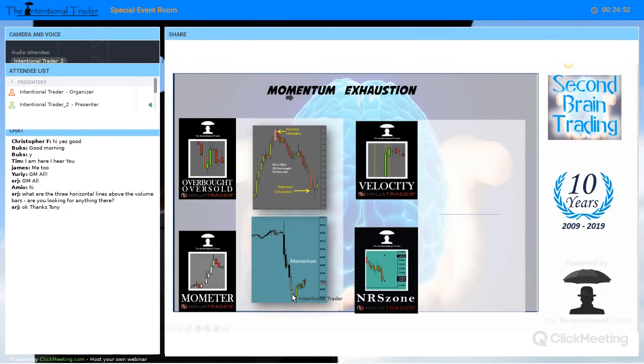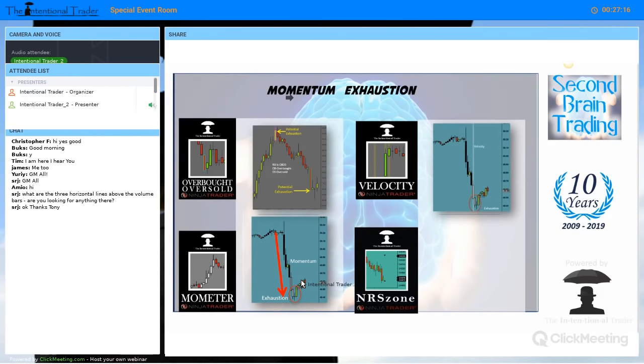And the lighter the bars get, the more imminent the exhaustion. Okay, so this is our MoMeter indicator. When you see this and you start seeing these lighter bars, you can just know that price is about to pull back some.